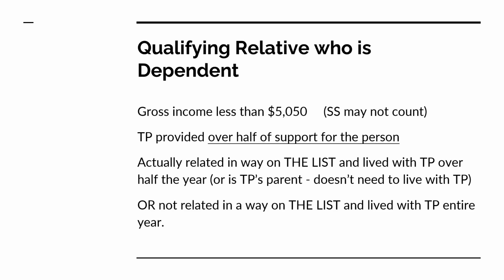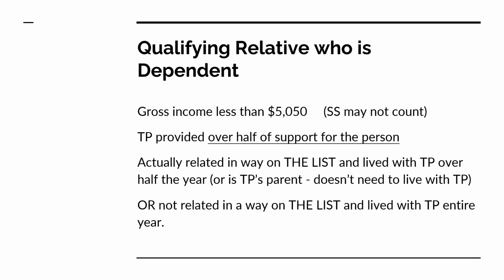The dependent relative is a very different thing in that the person can't have a gross income over $5,050. So most people who live with someone else in a house are not their dependent because they would get more money than that from some sources.